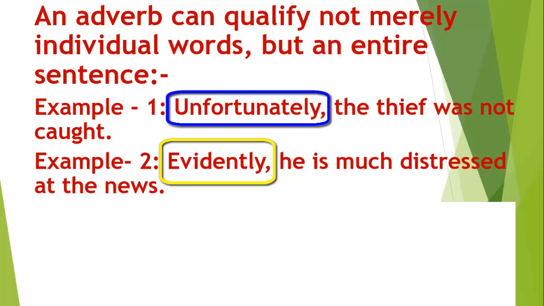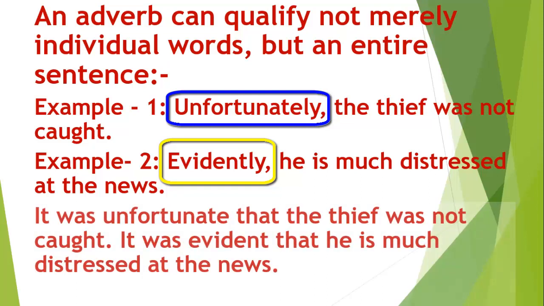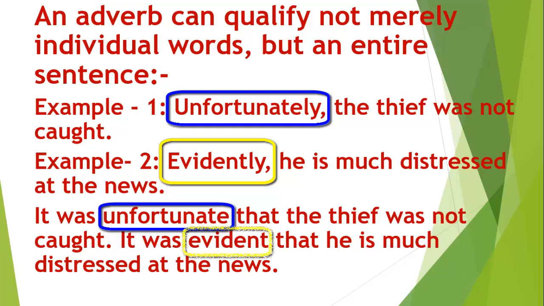Unfortunately, the thief was not caught can be changed into it was unfortunate that the thief was not caught. Similarly, evidently, he is much distressed at the news can be changed into it was evident that he is much distressed at the news.